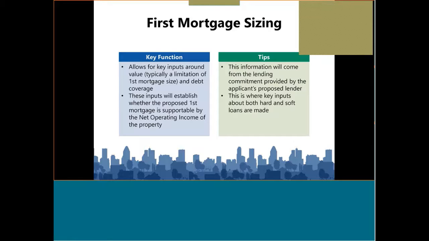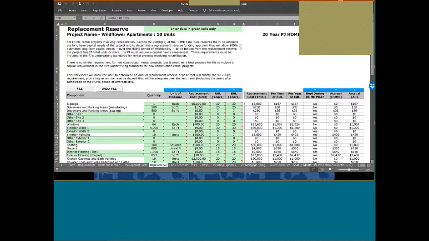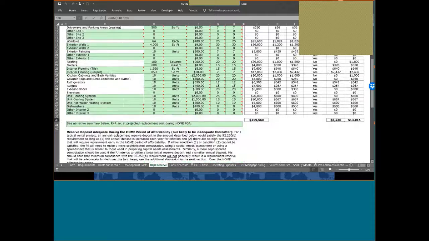Well, let me go back to that just briefly, and then in partial explanation. It's a good question. So in the replacement reserve, there's no escalation built in here. So this is as if none of the costs are escalating. But the cost will escalate over time. But so will your reserve deposit.